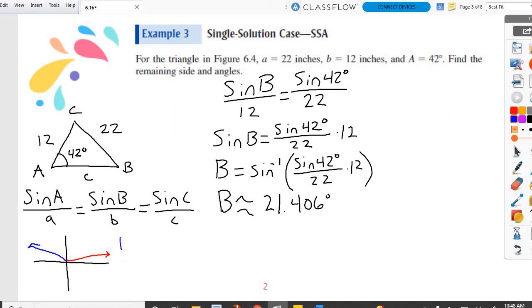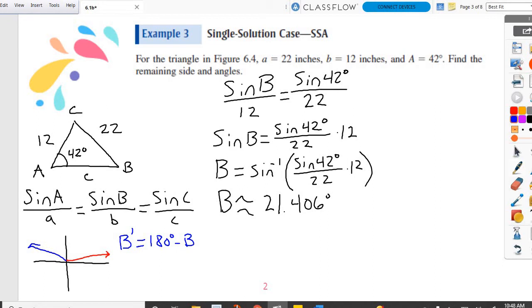So I'm going to label my second option as B prime. Basically, it's the second option. To find our second option, we're going to take 180 and subtract what we got to begin with. We all see why we're doing that? Remember, sine is positive in my first and my second. So if I'm taking sine inverse of a positive number, I have two different angles that could possibly be.